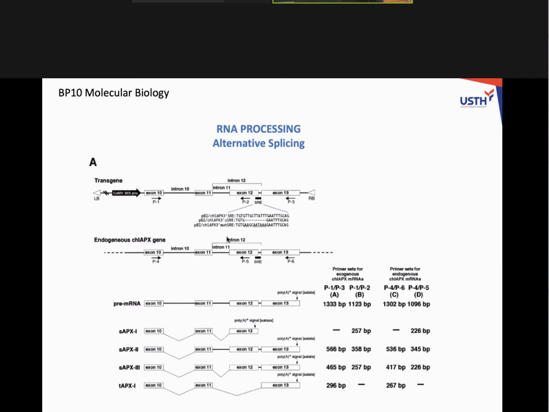They call that intron 12 in that case. So the protein translated from this alternatively spliced messenger RNA will be the coding sequence of 10, 11, and then directly 13.